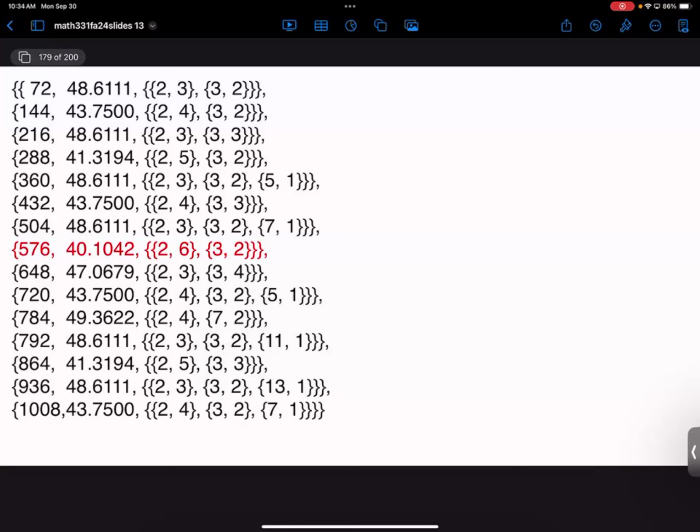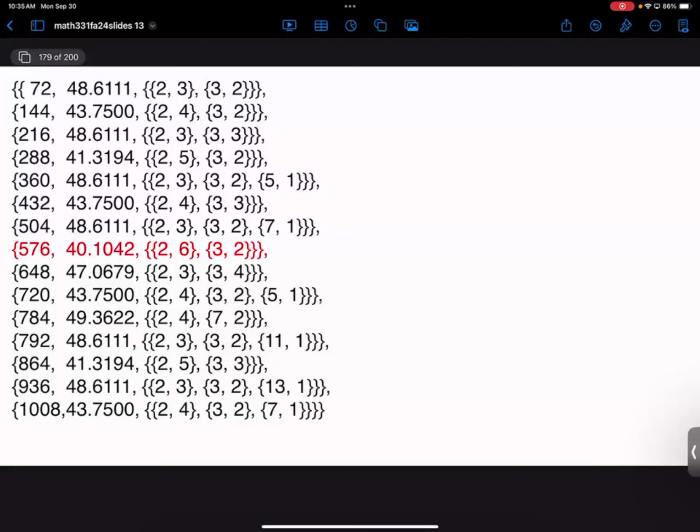Then the question becomes, which number gives us the best? Any thoughts? I bet that it should be just the product of primes. But which product of primes? It's 576, it's in red. Yeah, exactly, I've got 576 in red.